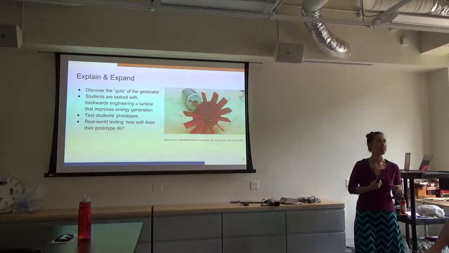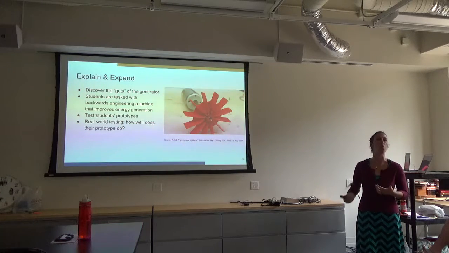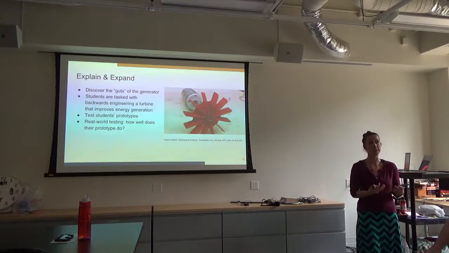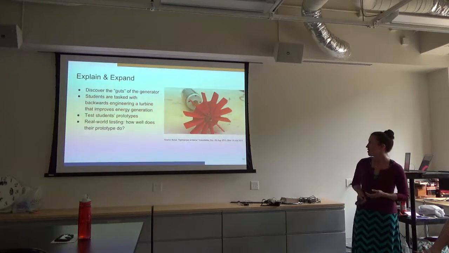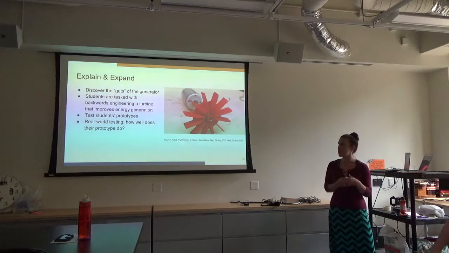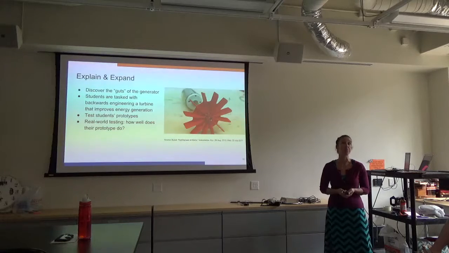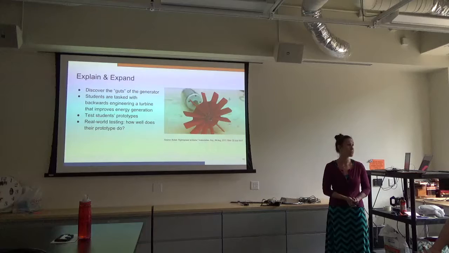And how would that actually help to improve things like water quality testing or just simply generating more power? So the students would test their prototypes, begin to discuss amongst themselves, and be able to report how this would be useful in their own world or in the real world itself.